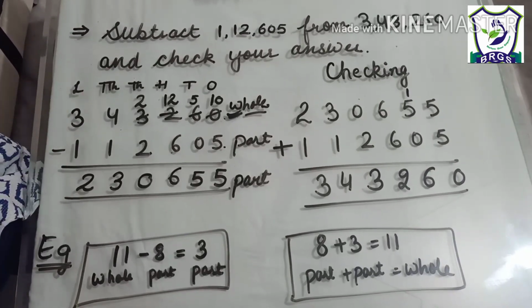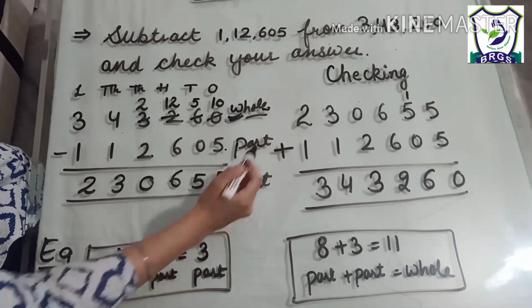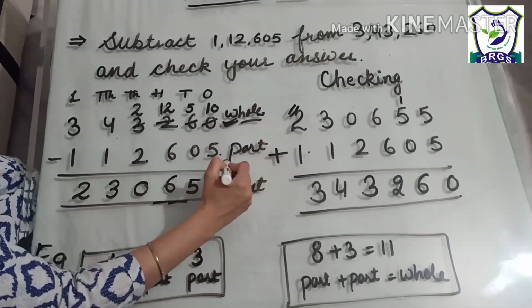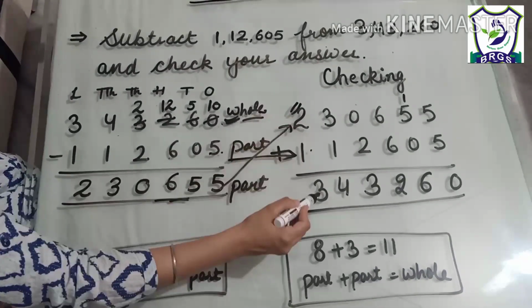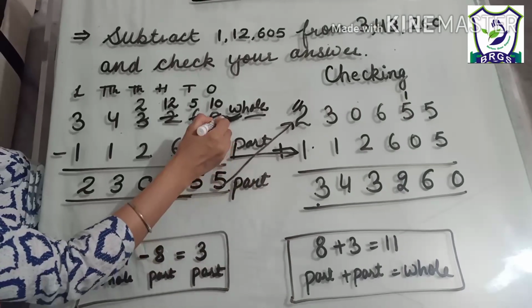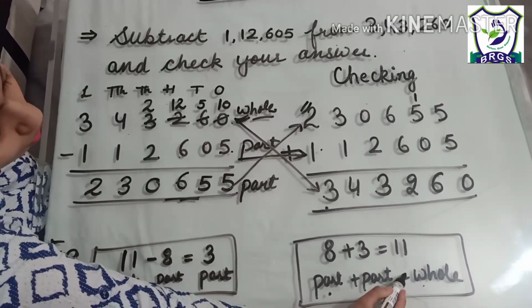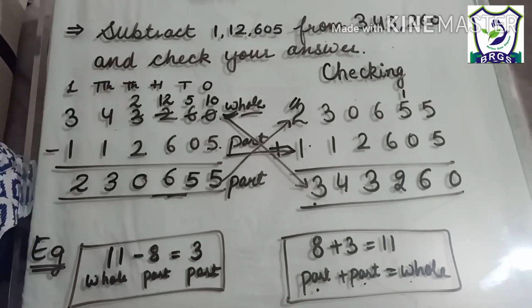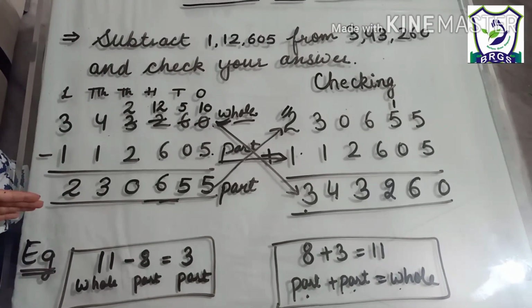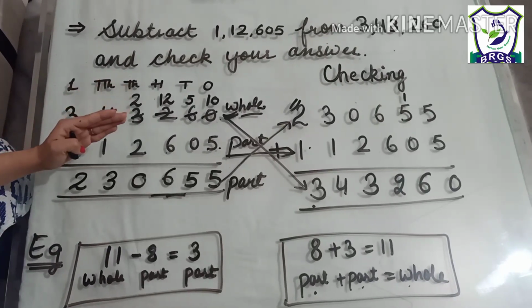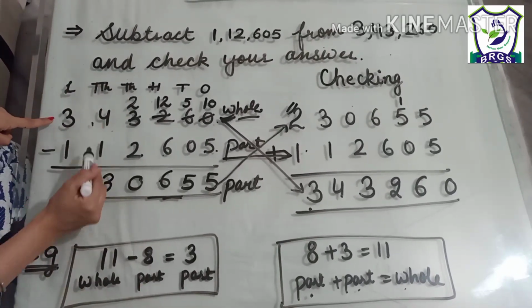Now, to check our answer, what we are doing there, this is a part, this is the second one, this part. Okay students, so the answer we are getting after adding is the whole, means part plus part is equals to whole. This is the way you check your answer. So students, follow the question number 2 of activity 3 in the same way. First you do subtraction.